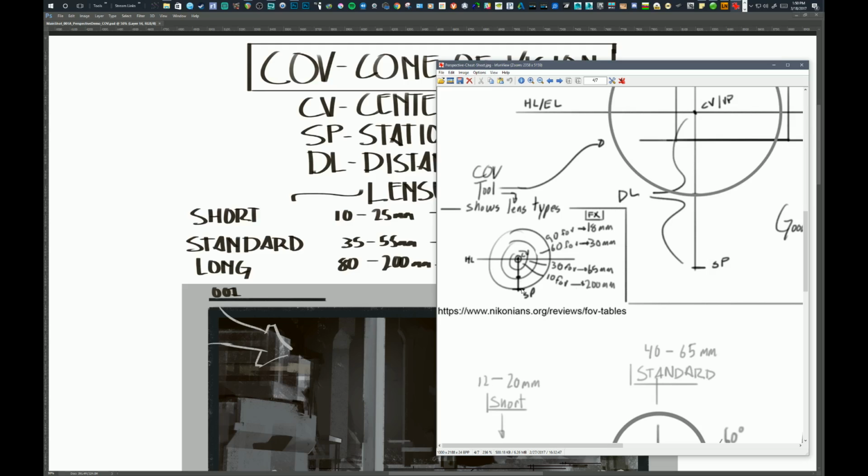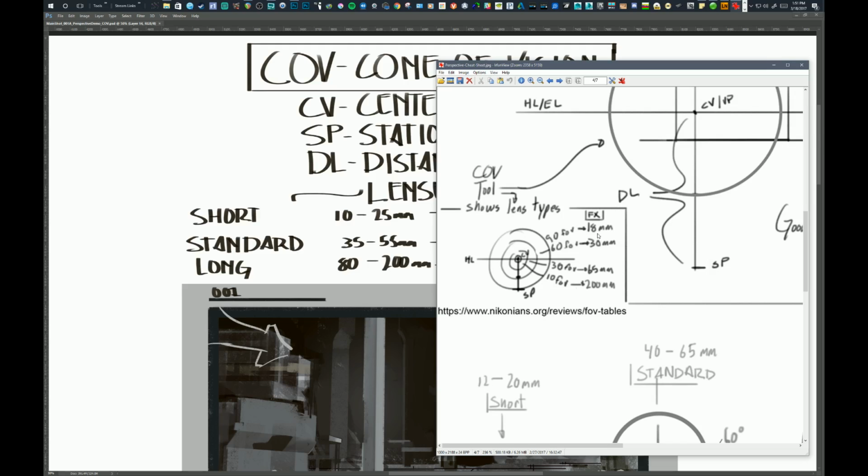Now we calculate the cone of vision from the station point, and if we calculated 90 degrees from the eye, which would be 45 on the left and 45 on the right, where those two angles intersect the horizon line from the eye, we would then go from the center of vision with a compass. So you'd put the sharp end here, and then you'd put the pencil end here, and then you'd just make a circle. And any canvas inside that space that's touching the 90-degree field of view would be a wider lens.